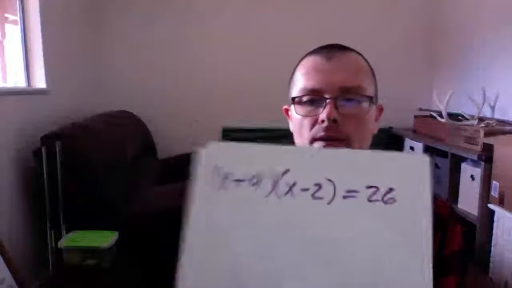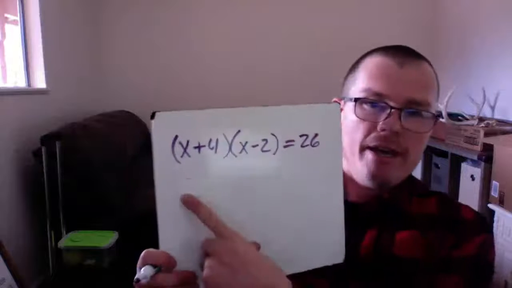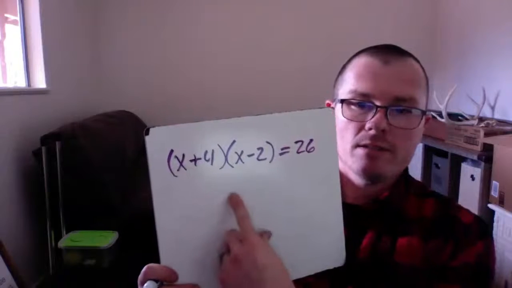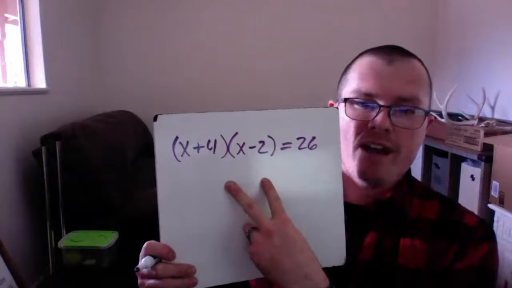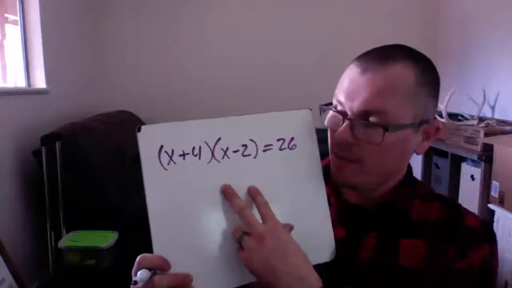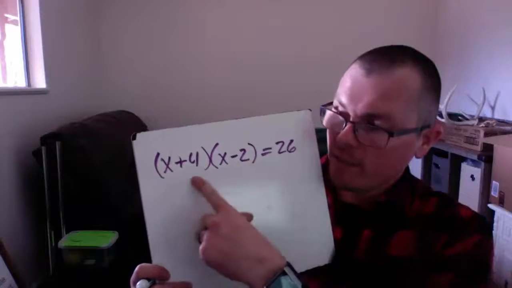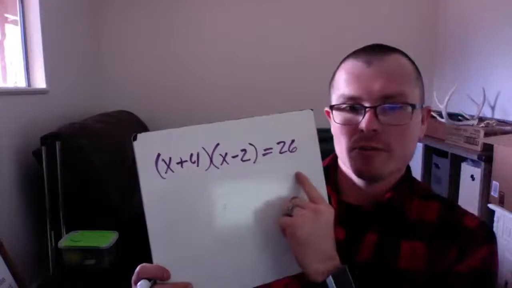The second one. (x + 4)(x - 2) = 26. Sorry, that's a 2, x minus 2.